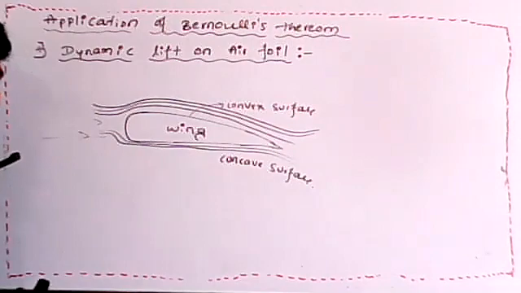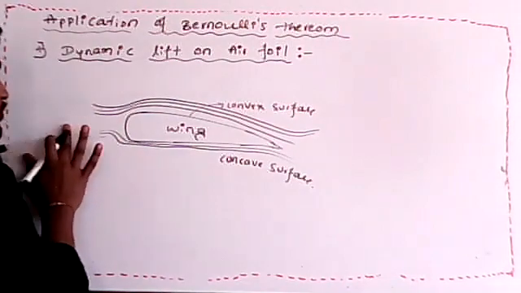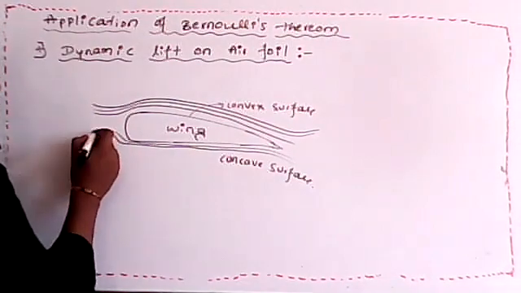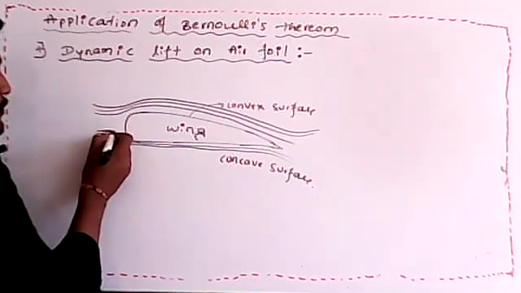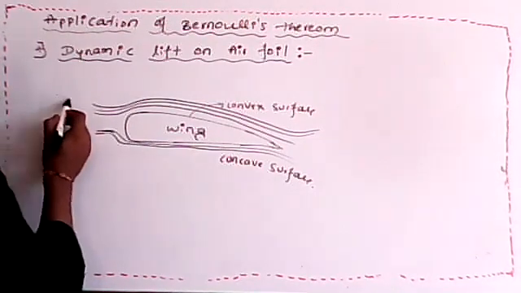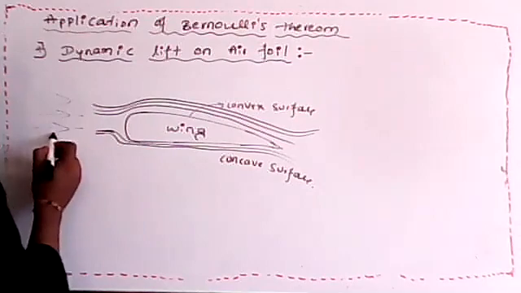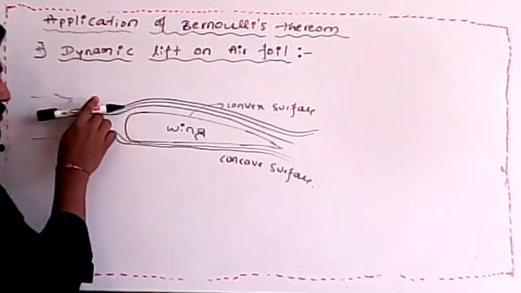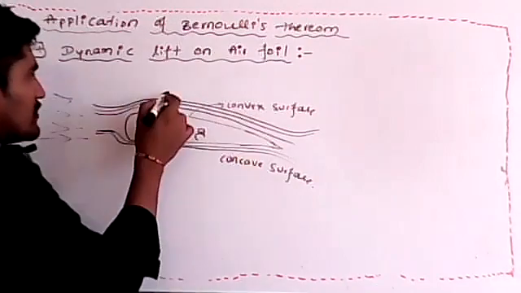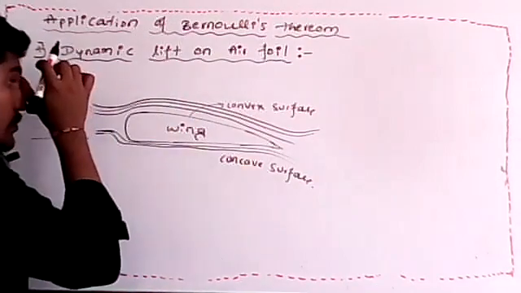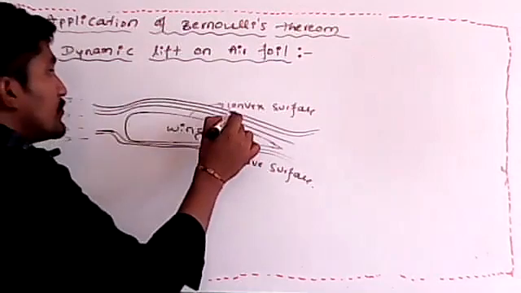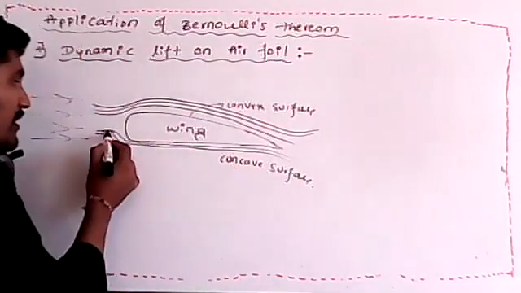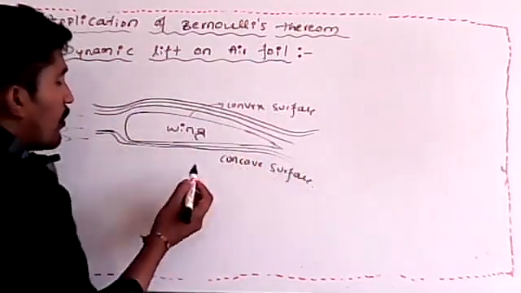In this particular case, remember students, the air molecules will come and rush here, like this, and the streamline flow will be in this way. So the air molecules come out very quickly here, but here it takes some time in the concave surface.